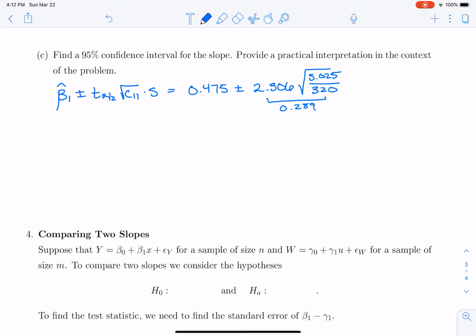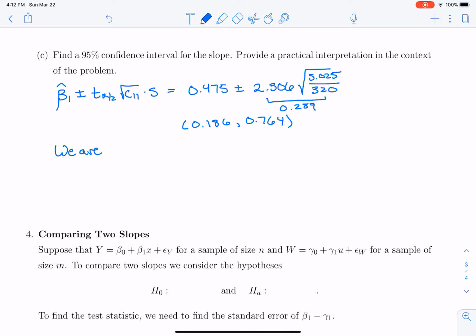This part, if you work it out, is 0.289. That's going to tell us that our confidence interval for the slope, if we find a 95% confidence interval, is 0.186 to 0.764. Okay, so what does that mean?